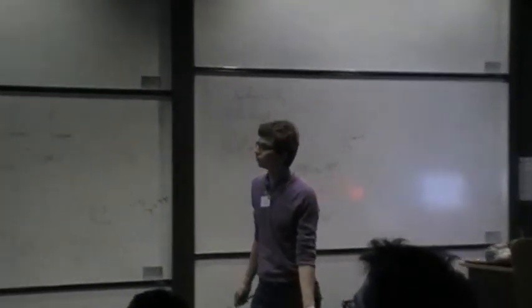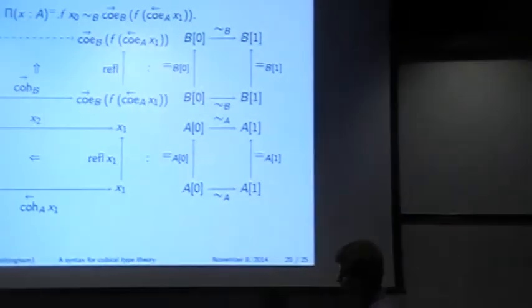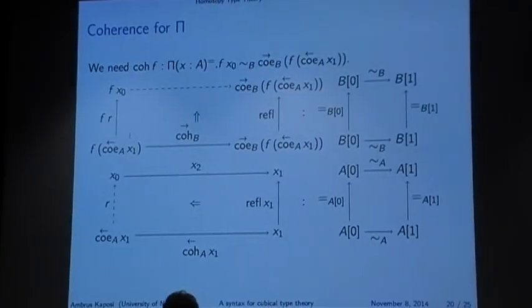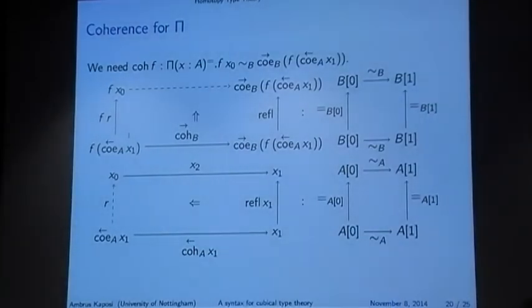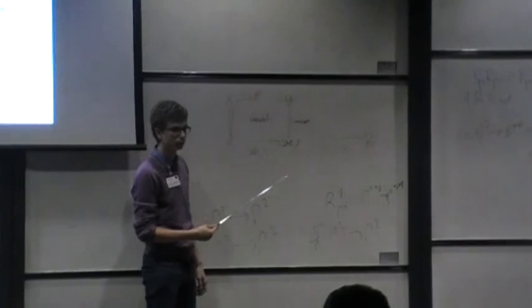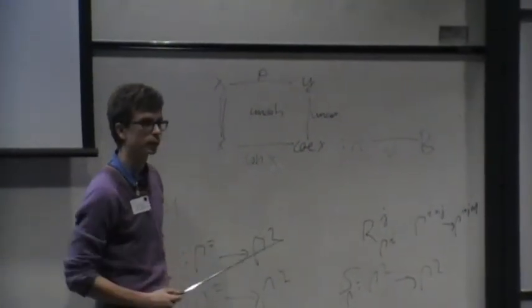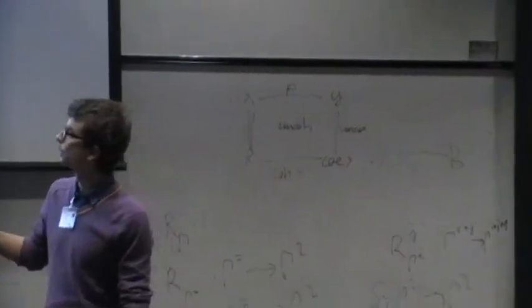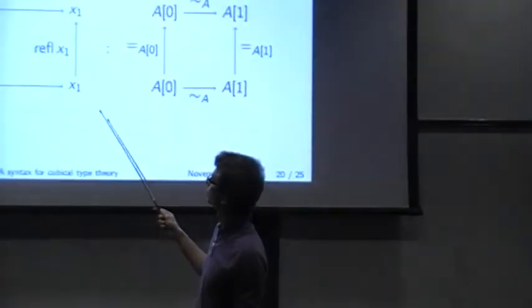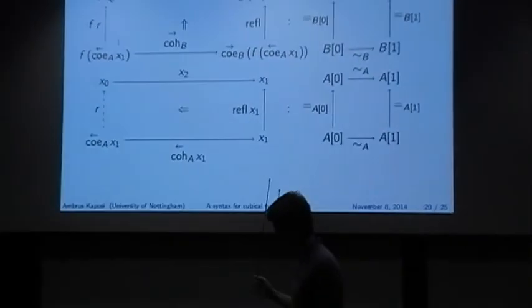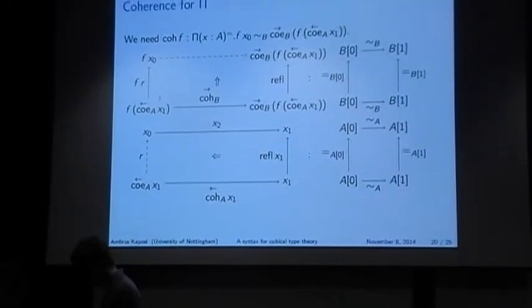And for the coherence, I need to go. So this coerce and coherence can be viewed as first level Kan conditions. If I have a point, I get another point and a line connecting them. But when I want the coherence for functions, I need to go one level up.